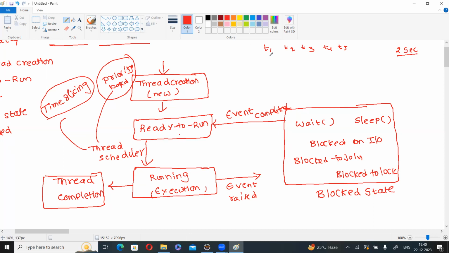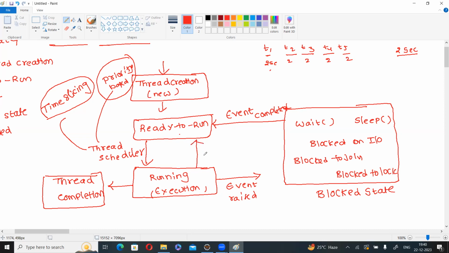First T1 executes for 2 seconds, even though the total is not completed. It stops. T2 executes for 2 seconds. Next T3, next T4, next T5. Again T1, T2, T3. So, based on the time slice, the thread scheduler selects the thread and enters it into the running state.